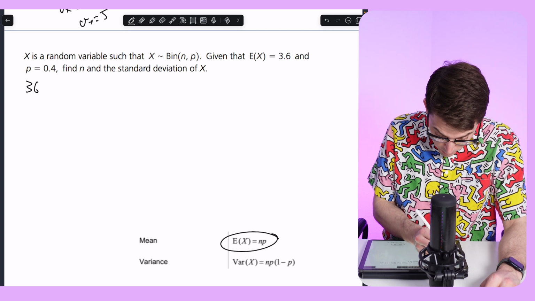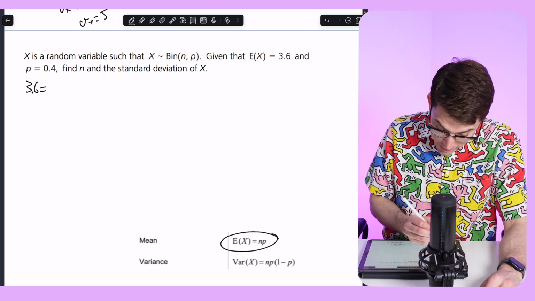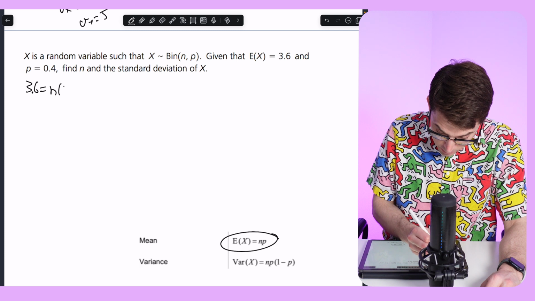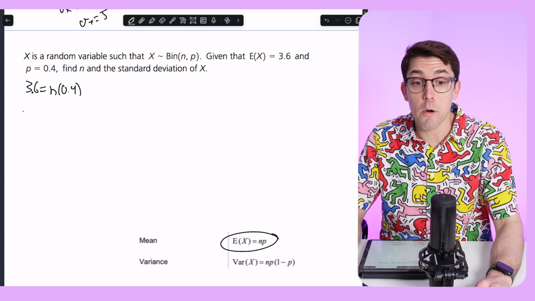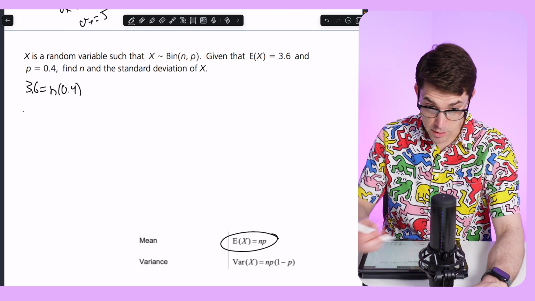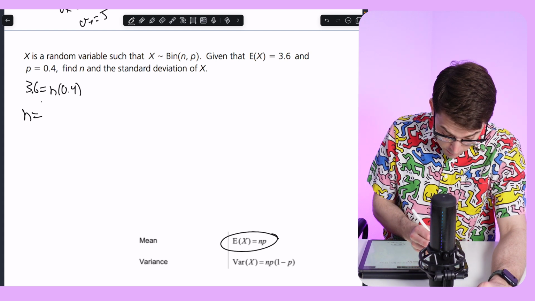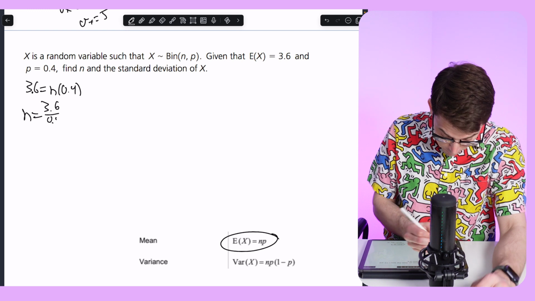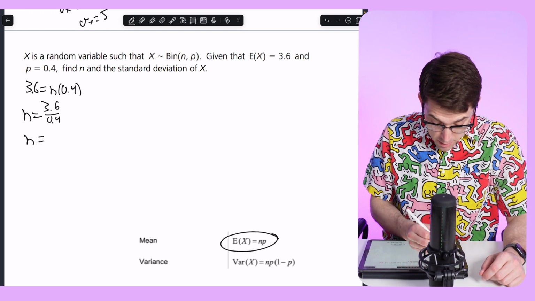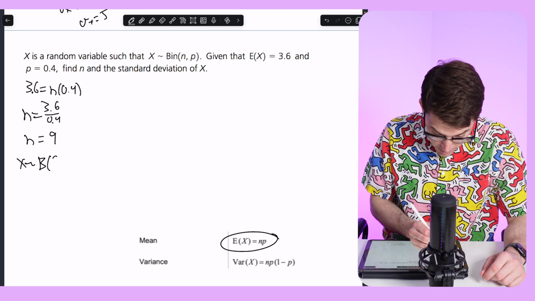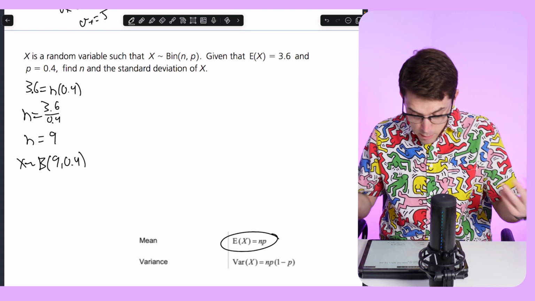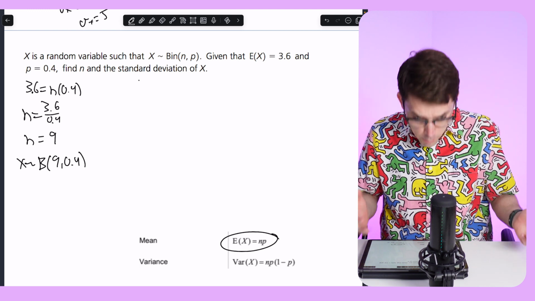So 3.6, which is my expected value, equals n times 0.4. Then I can divide each side by 0.4 and get my number of trials. So n is equal to 3.6 over 0.4, which gives me a value of n of 9. If I wanted to write that more formally, I could write that as 9 and 0.4, using my binomial distribution formatting.